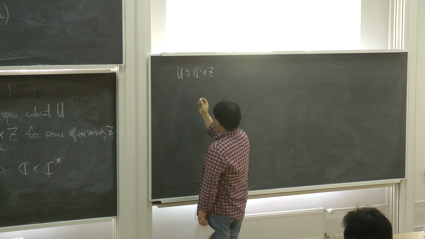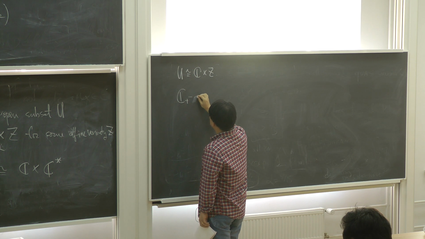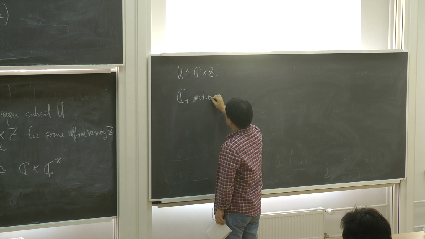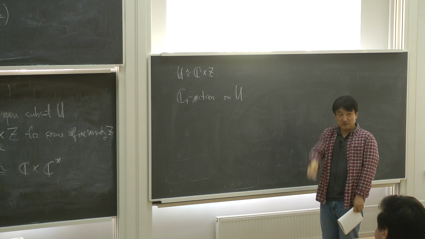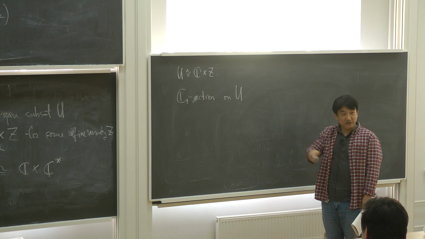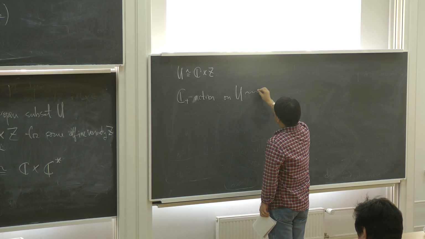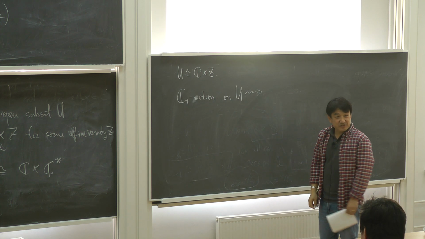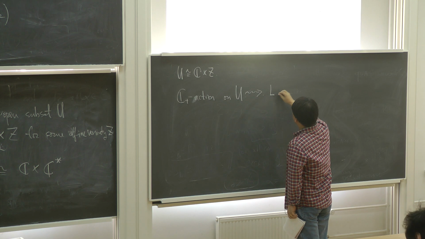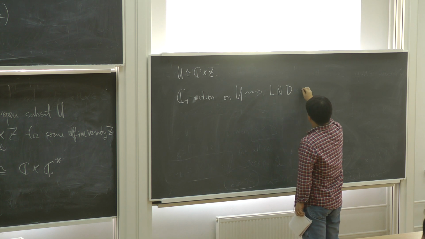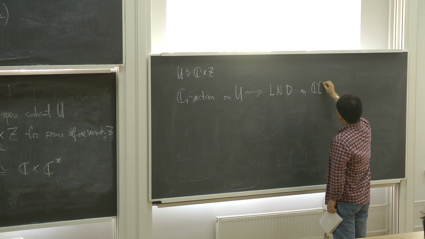Then you can define this C plus action on U, fiber-wise, along C. Then this C plus action defines a locally nilpotent derivation on this ring.